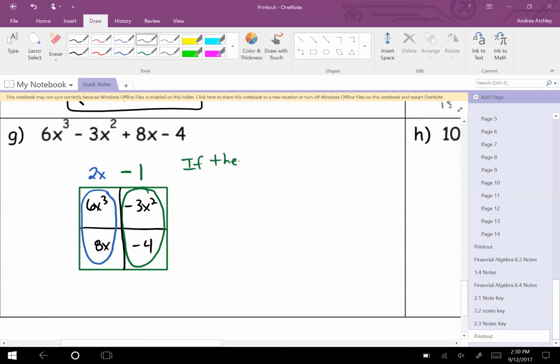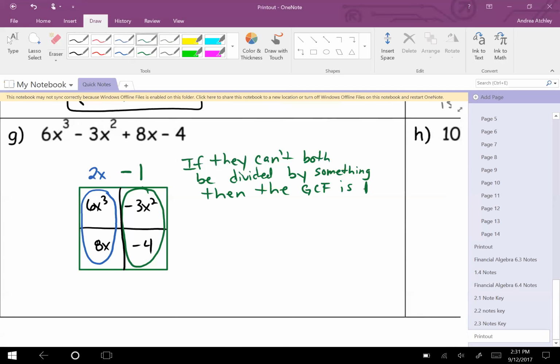If they can't both be divided by something, then the GCF is 1. So sometimes you have to pull out a 1. In this case, it's going to be negative 1 because the 3x squared is negative.